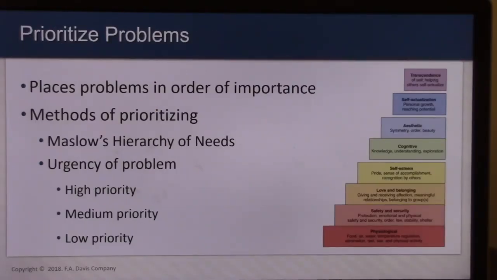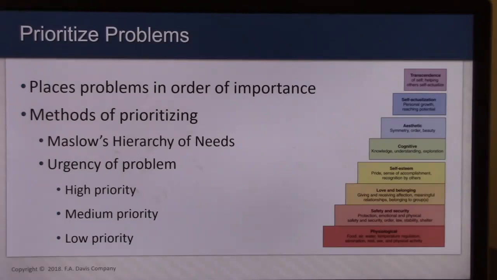One of the things that you will be doing throughout nursing school is placing the problems in order of importance. So what is going to kill the patient first? What is the highest problem? You want to identify the problems, their etiologies, whether they're situational, treatment related, pathophysiological, spiritual, and so forth.